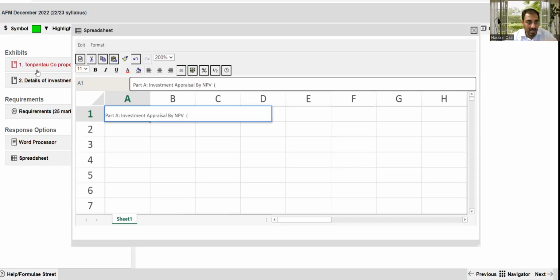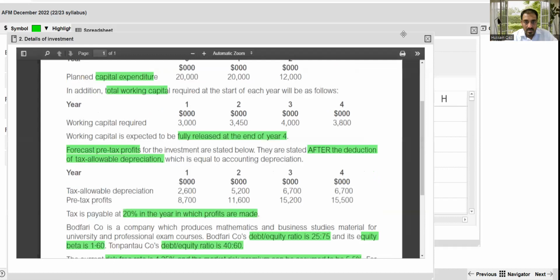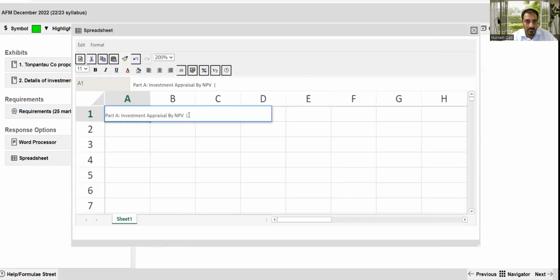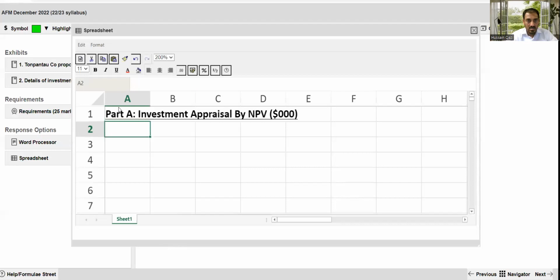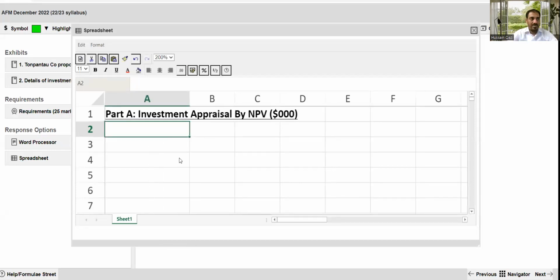And we will work out with the $1,000 values. Okay, here the planning horizon is 4 years. It's very simple: 0, 1, 2, 3, 4.